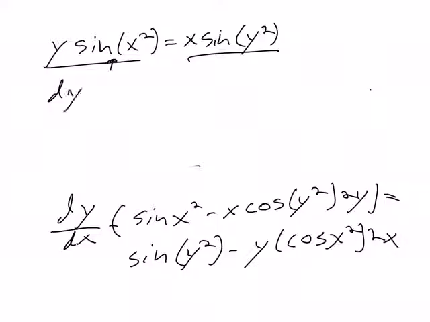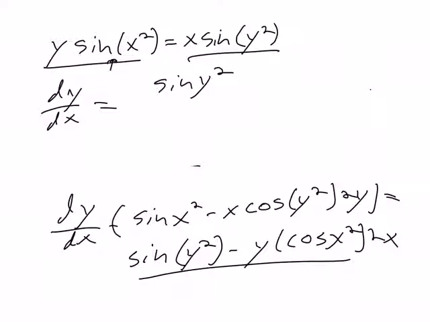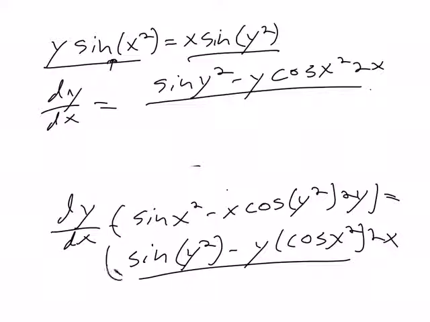Dy over dx is equal to, we have this thing, it's going to be sine y squared minus y cosine x squared times 2x over, and then this, right, because again we're going to divide by it, we're going to put that down there. So sine x squared minus x cosine y squared 2y.